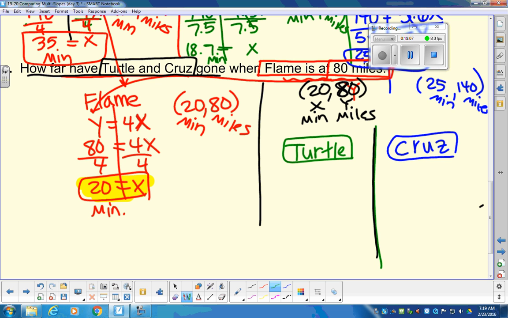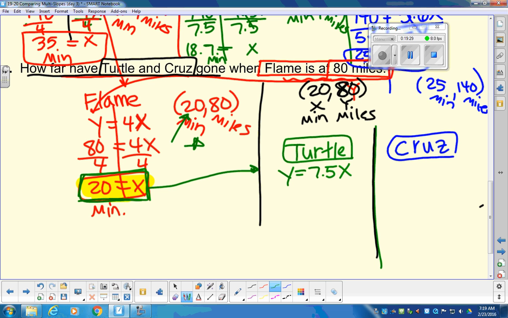Turtle's equation is as follows. Turtle is traveling at a speed of 7.5 miles every minute. So we want to know what is happening with Turtle at the time of 20 minutes. We know what happened with Flame. At 20 minutes, Flame's at 80 miles. Where is Turtle at that same time frame?